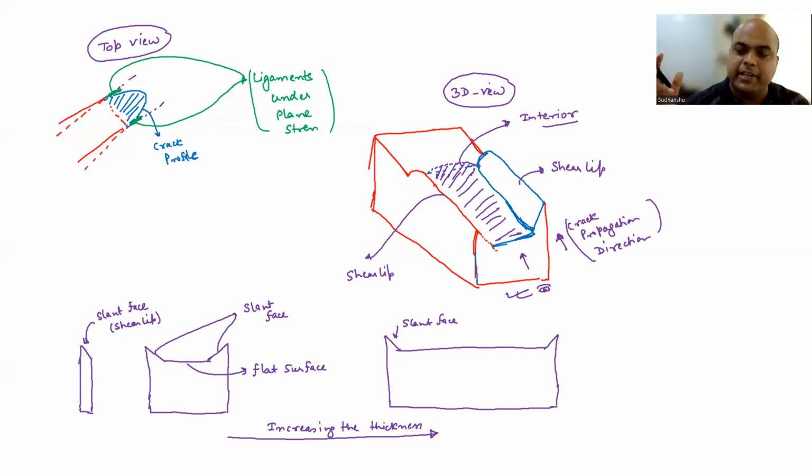If it is very thick, most of the sample is under plane stress and plane strain condition. So you are going to observe a flat region, and at the end, which is under plane strain condition, due to the tunneling effect, you are going to see shear lip. And at the intermediate region, you are going to have effect from both plane stress and plane strain condition.